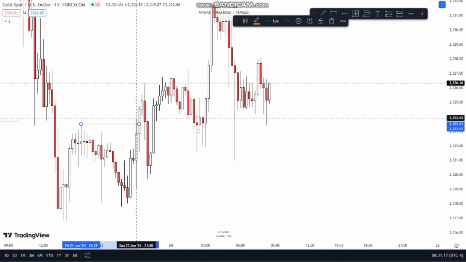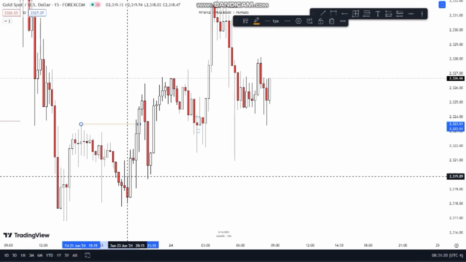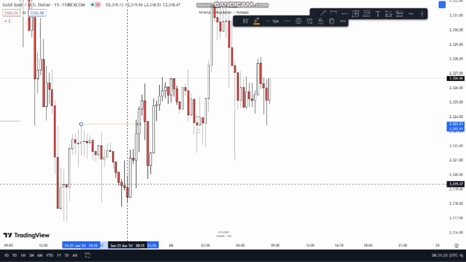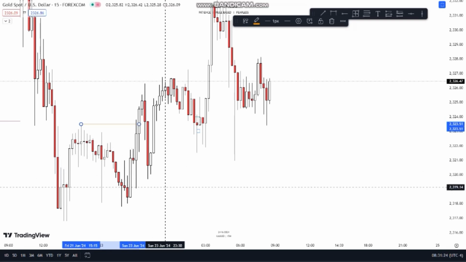After that break, you wait for the retracement to the demand zone, then you buy. That's why I said, if this is the first video you are watching on my channel, I suggest you go back and watch the video about structure. You need to understand structure before you can trade supply and demand.